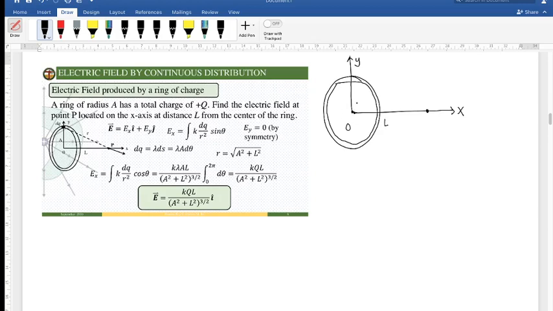We let the center of the ring be our origin, and the ring has a radius A.